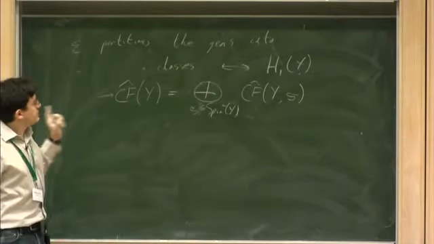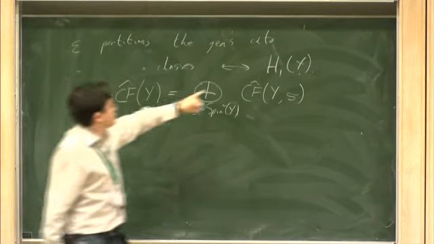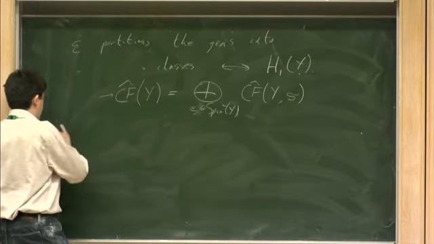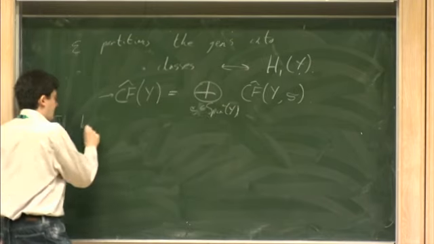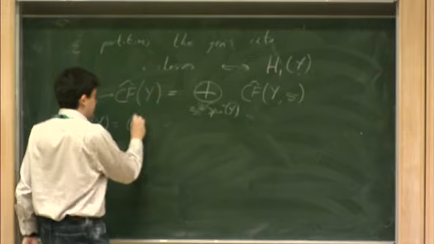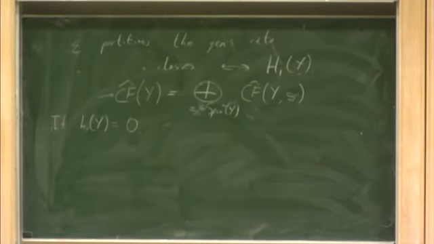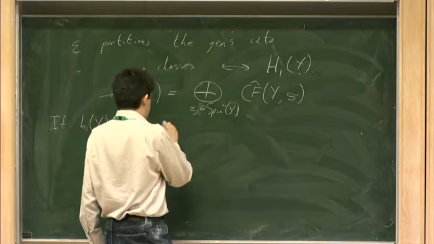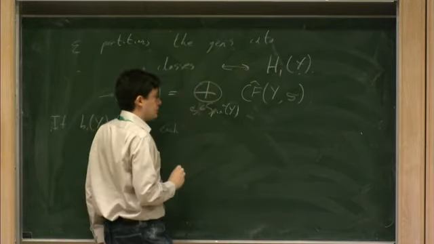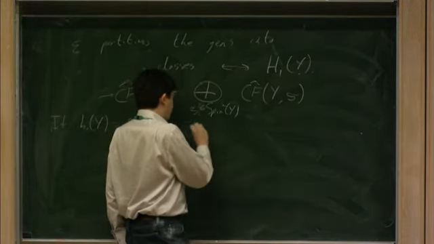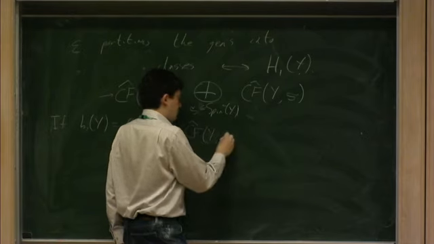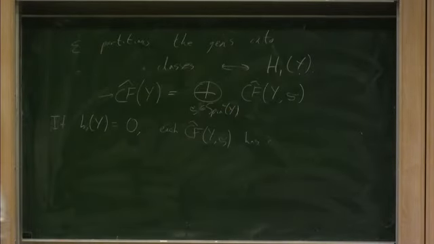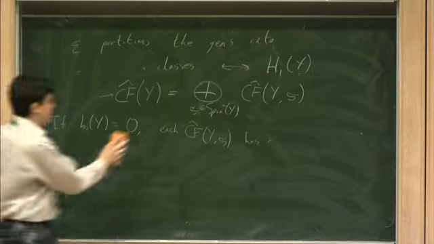Now let me just say one final thing about where this group is showing up here. It turns out, if Y is a rational homology sphere, then this group can be given a relative Z grading. Actually, I don't even need to say anything about the relative Z grading.